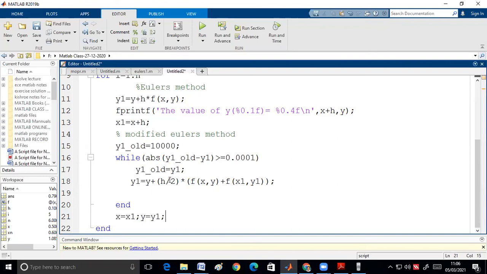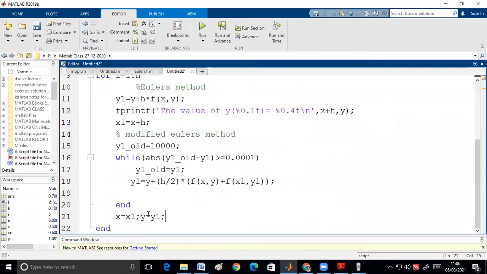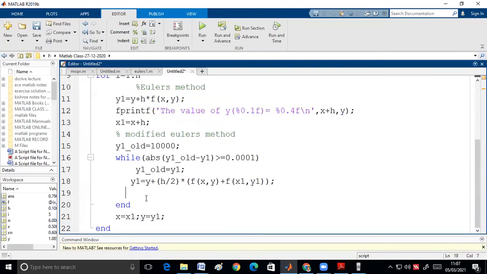After finding x1 and y1, these are our required input values for the Euler method again. Now we will print the values one by one. I will print the values after finding them. This is printed. Now the first approximation and the second approximation, etc.